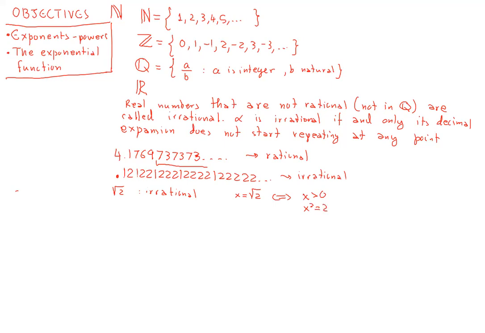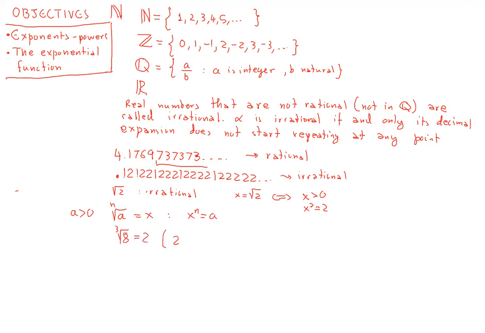In general, we can define nth roots of positive numbers. So let's say that a is positive, then the nth root of a is the number x, which is such that x to the nth is equal to a. So we should here give some examples. The cube root of 8 is 2.